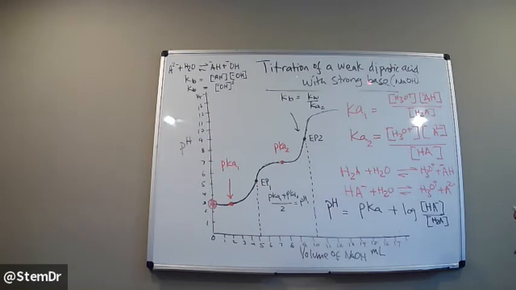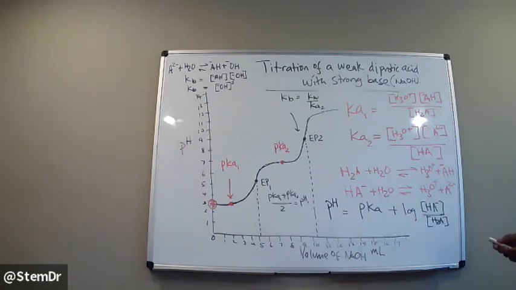So the titration of a weak diprotic acid with a strong base is a little different from titrating a strong acid with a strong base. Therefore, we have to pay attention to the main important points in calculating the pH in the weak acid case.